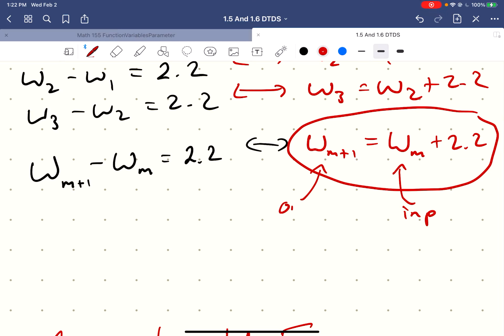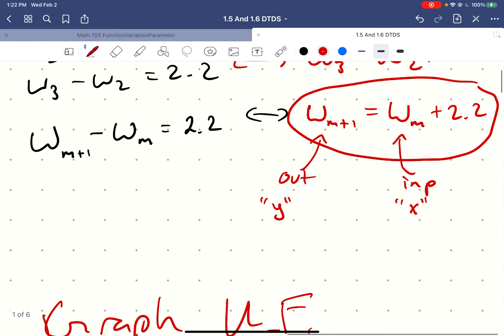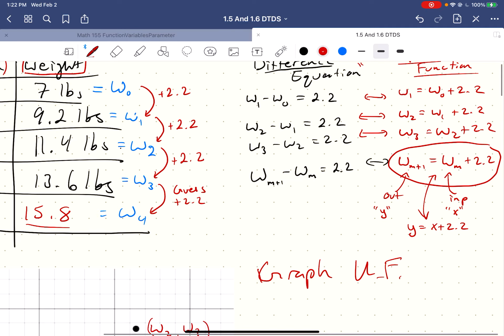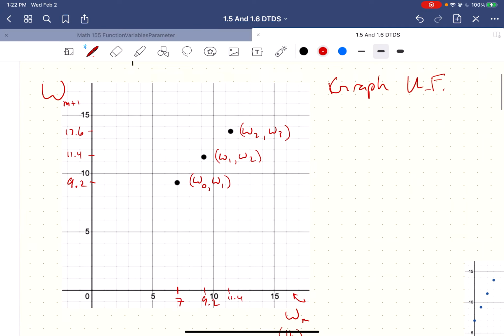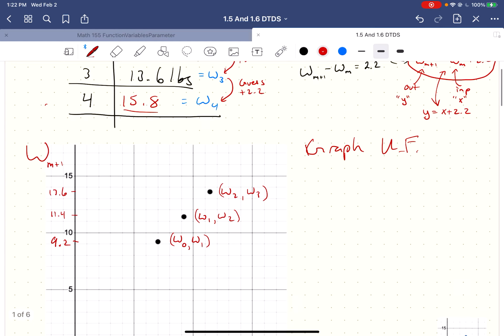W sub m plus 1 is my output. And we are used to an input being called x and an output being called y. So what a lot of students find helpful is when they see an equation for an updating function, their brain just converts it. And they say, hey, what this is saying is y is equal to x plus 2.2.